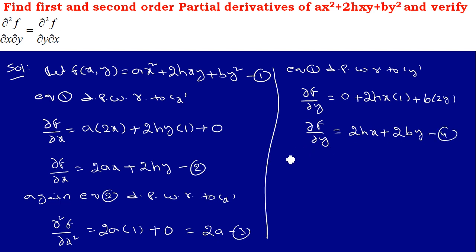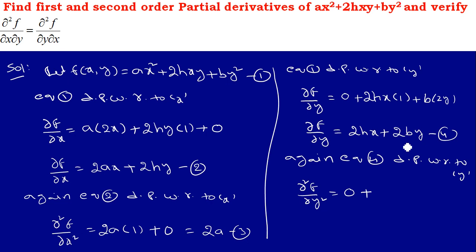So again, equation 4, differentiate partially with respect to y. We'll write ∂²f/∂y². That equals, with respect to y, 2hx is constant, so 0, plus 2b times y differentiation 1.